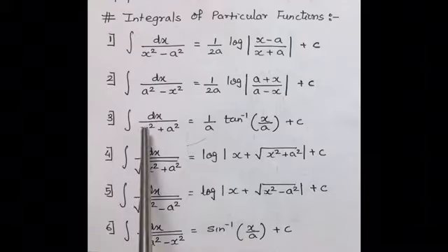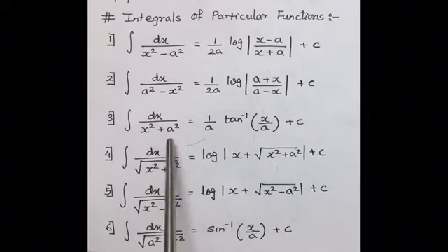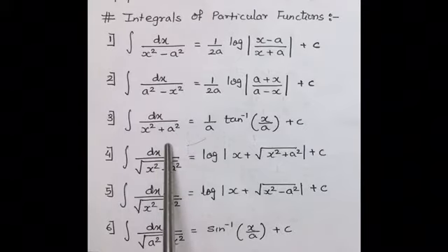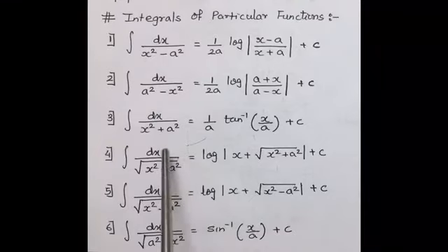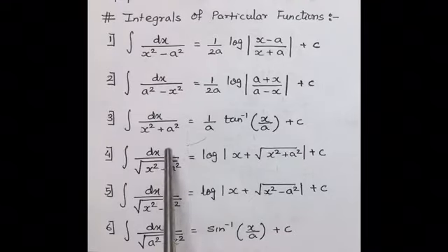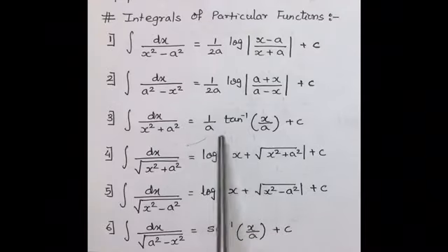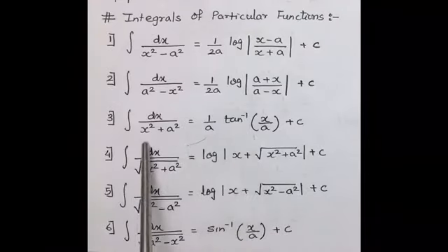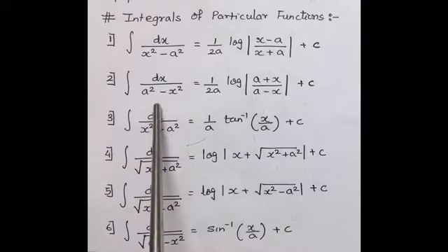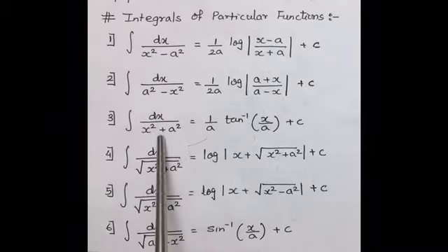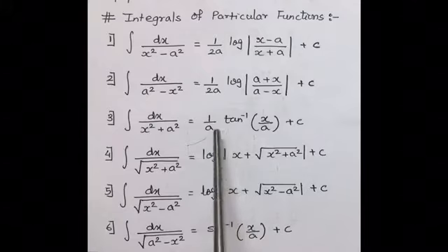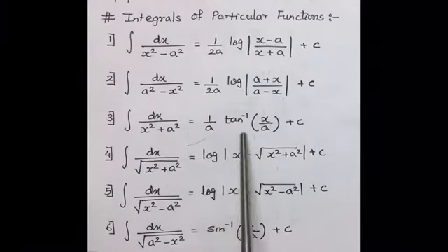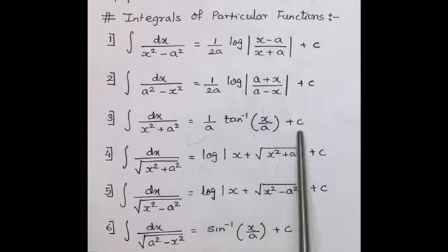Third one is integration of 1 upon x square plus a square. Now we already know that 1 upon 1 plus x square is the derivative of tan inverse x. Now when we get x square plus a square, when the plus sign is there, then its standard integration is 1 upon a tan inverse of x upon a plus c.